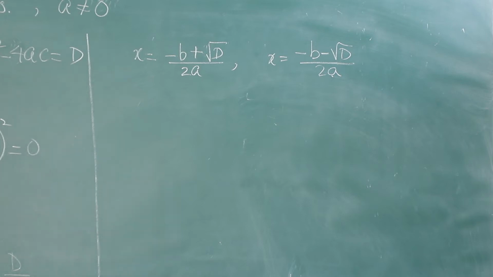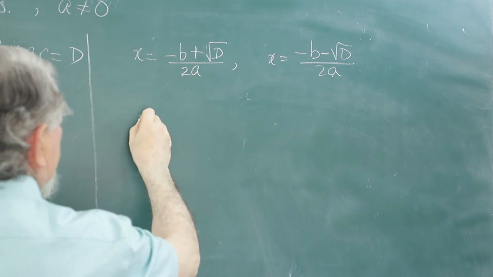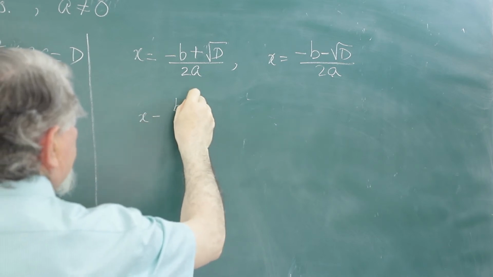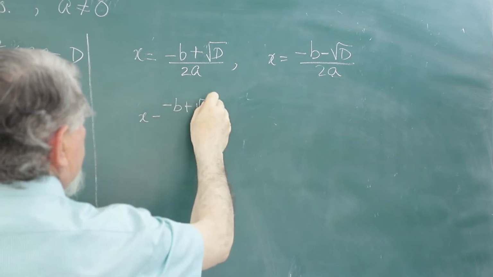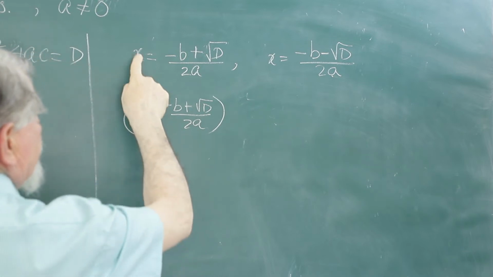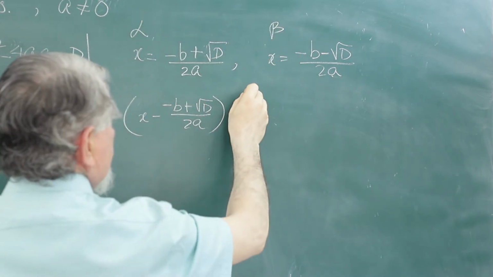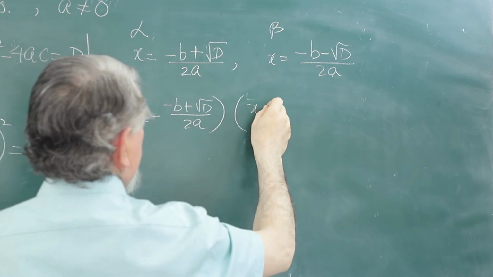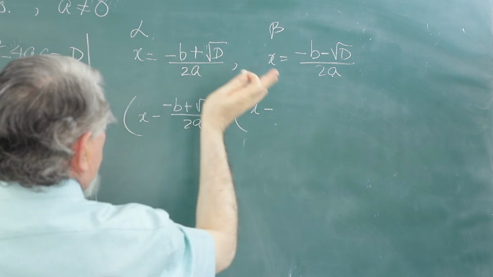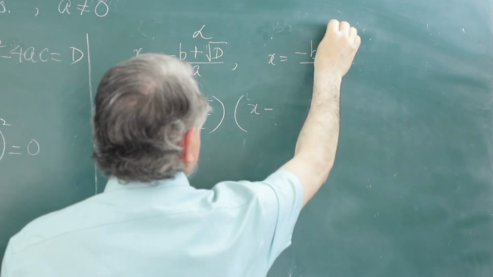Now I can write it like this. If I want to write it in the form of an equation, x minus (minus b plus root D upon 2a), suppose this is alpha and this is beta. The second one is x minus (minus b minus root D upon 2a).